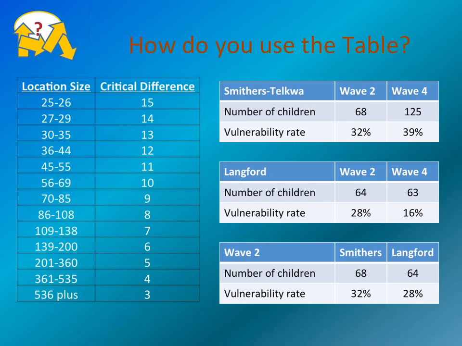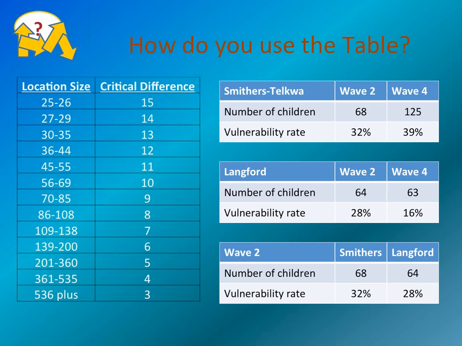So our first question is whether in the Smithers example, are you referring to the wave 4 number of children in the location size area of the table? Yeah, it's the same place. For some reason, we had more children in wave 4 than we had in wave 2.